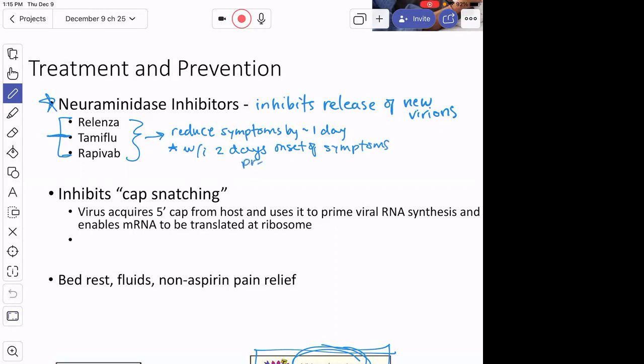And they are prescription only. So when you're feeling lousy, you have to haul yourself out of bed and go to the doctor just so you can get the Tamiflu. And again, it's kind of expensive, and maybe doesn't really work that well. So these are all kind of downsides of those.